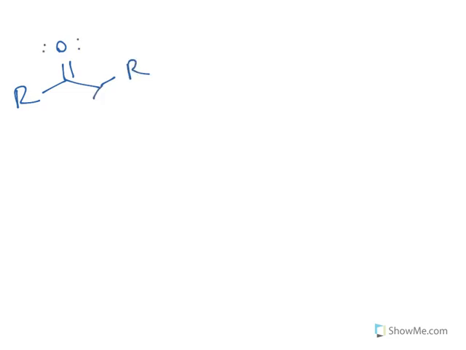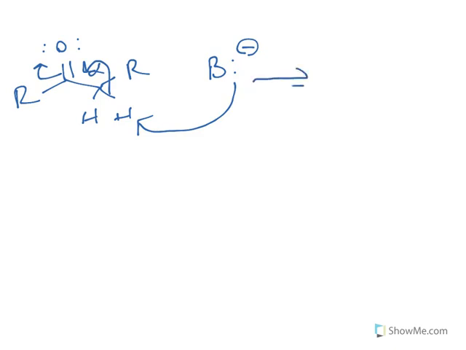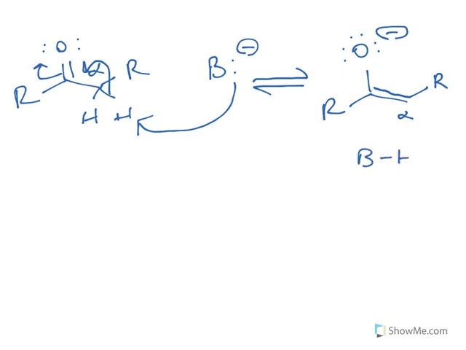So now, if I put this in base, and I'm just going to put B- here as a generic base, I can actually pull this proton off here and shift the placement of the double bond. I'm going to draw the alpha carbon being there, and I've got BH now.